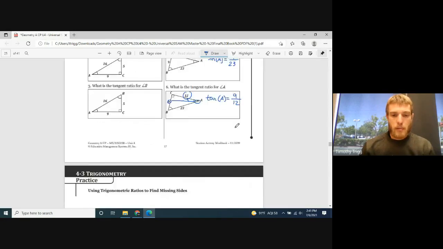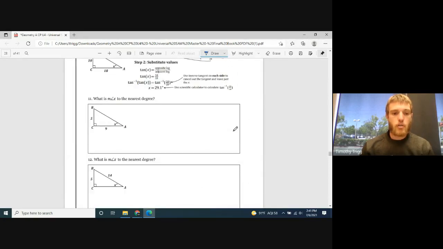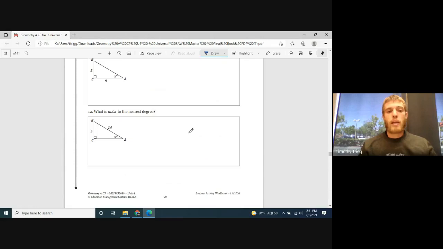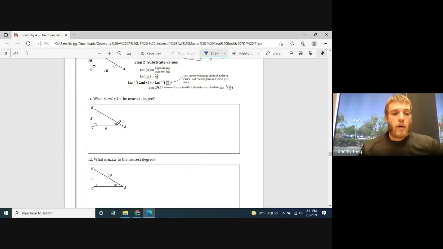So let's do another example like that one. Let's go down to page 20, and we have a couple more examples like that. In this one, we want to find this angle here, x again. So let's take a look at the two sides they give us. We have the 5 here, and the 5 is opposite from that angle.